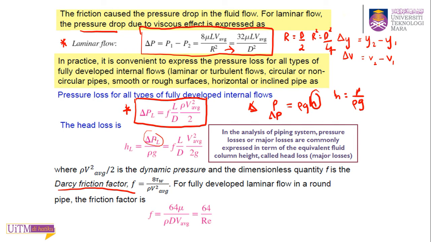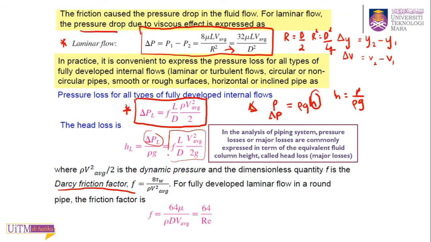Just divide delta PL by rho g, and that's why you have this equation. You cancel out the rho, so you divide by rho and multiply by 2g. There is a g here; that's the only difference. That's why commonly when they ask about losses, they ask about the head loss. So just divide the pressure loss by rho g, or we can just use this equation.